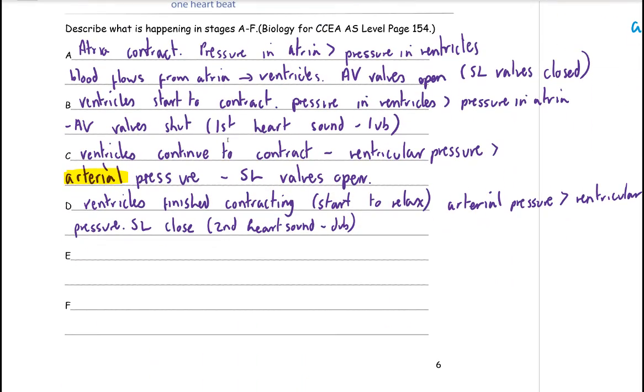So at E, ventricular pressure continues to drop, and then the atria have been filling with blood.